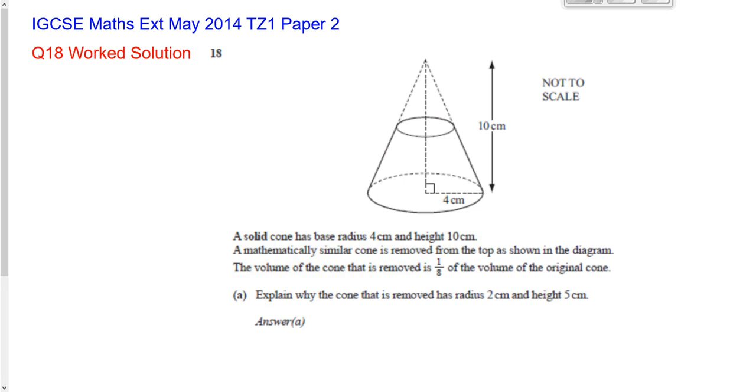Welcome to another requested worked solution, and here we have question 18 from the May 2014 Time Zone 1 Paper 2 past paper. We have a solid cone, with the radius and the perpendicular height, and a similar cone is removed from the top as shown in the diagram.